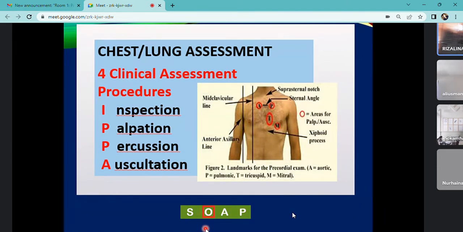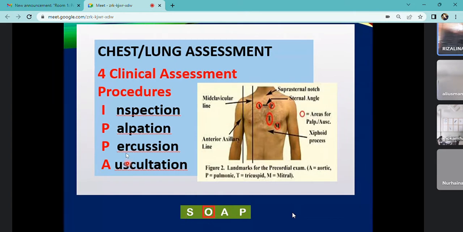Pero sa palpation, percussion, and auscultation, lahat yan sa thorax, sa chest and lung assessment. But for inspection, kasama na dyan yung nose, nasal clearing, central or peripheral cyanosis, digital clubbing, pedal edema, okay? Kung may malakas ba yung kanyang pulso, dorsalis pedis, sa kanyang popliteal and others.